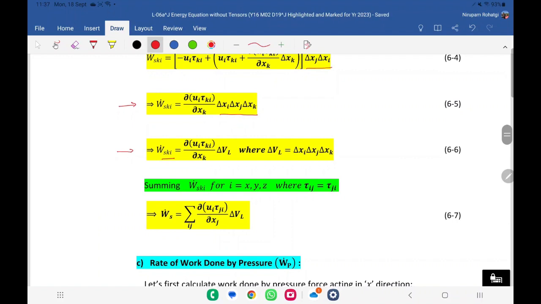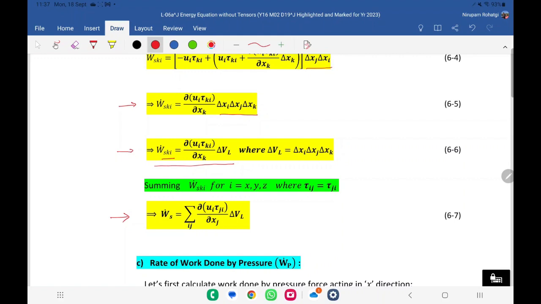So what do you get? You get this term, and this is for only when K is equal to 3 or I is equal to 1, or Z plane X direction. You take all of them together, you get this. So what you have to do, just change I to ijk and j to again jki.